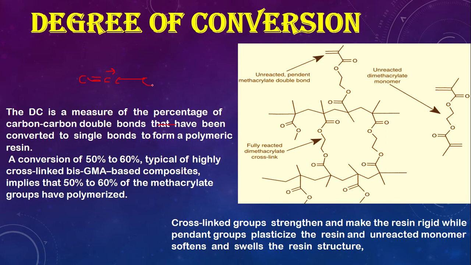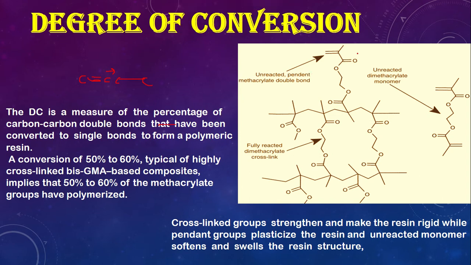Okay, a conversion of 50 to 60% is typical of a highly cross-linked TEGDMA-based composite. It implies that 50 to 60% of methacrylate groups have polymerized. Right, but what about the rest, the percentage which have not participated in the cross-linking? Do they not participate, or what is their function?